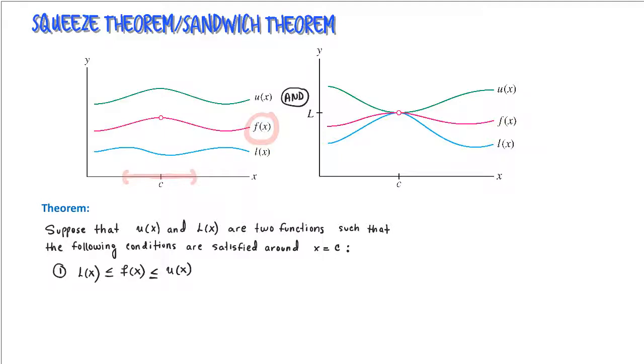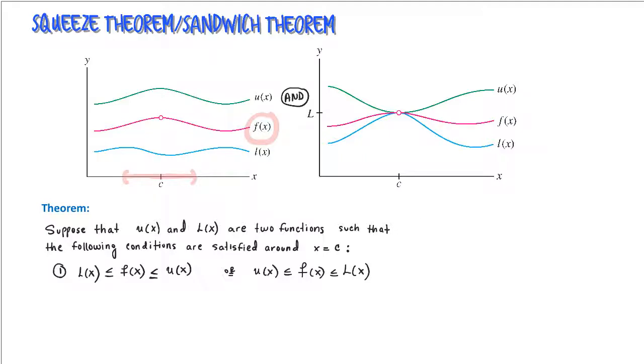The fact that we have to find two functions, an outer and an inner, that are going to trap f of x. Nobody says that u has to be the larger one, the function above. I can have it stated the other way around. So let me say, u of x is less than or equal to f of x, less than or equal to L of x. What we want to convey here is that f of x has to be between u and L, and we are responsible for finding u and L.